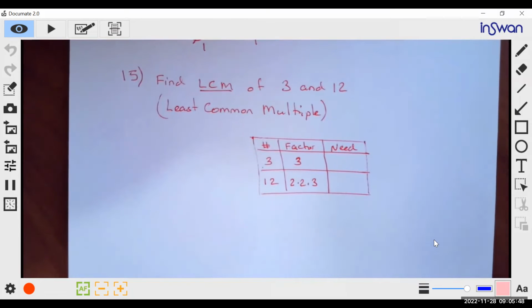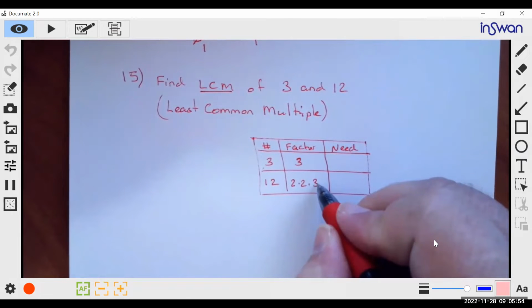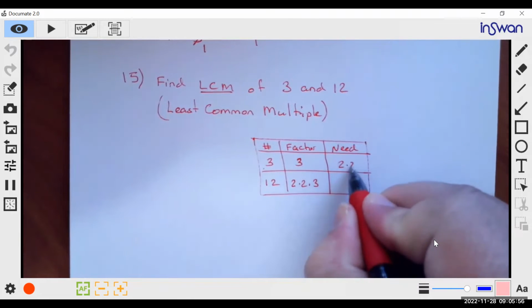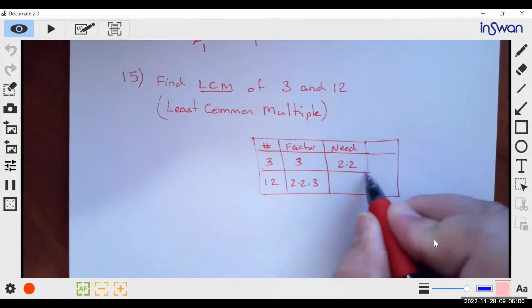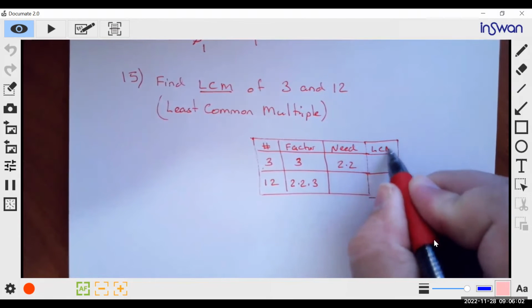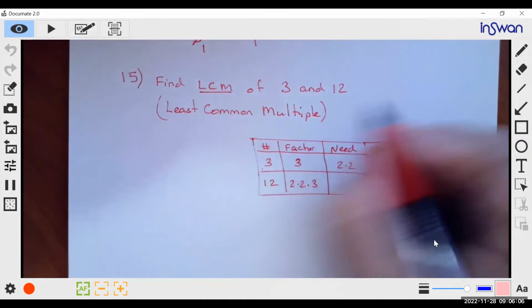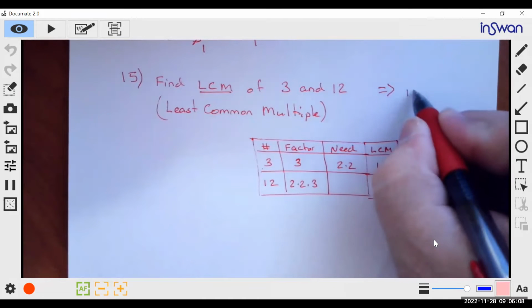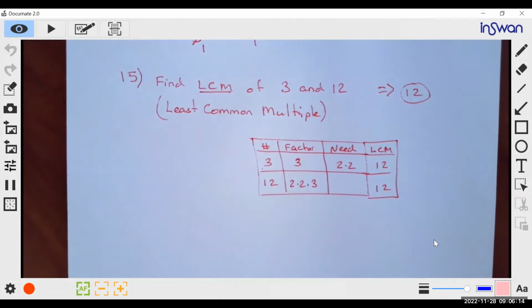What does it need to be equal? They both have a 3. 3 times 4 is 12 and 12. So the LCM is 12 because they both fit in 12. 12 times 1 or 3 times 4.